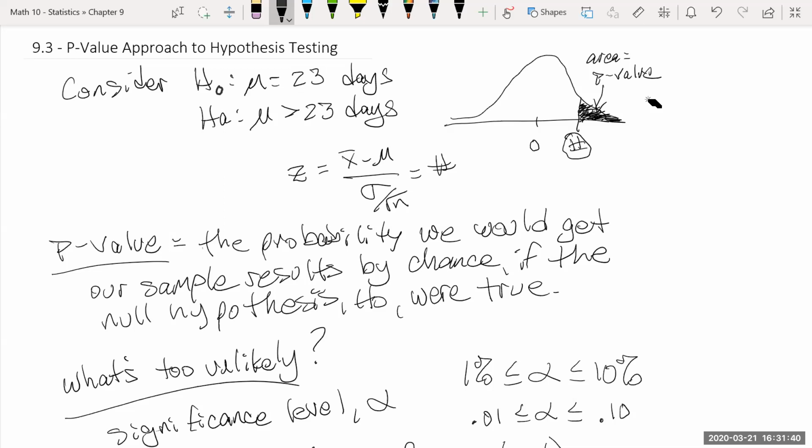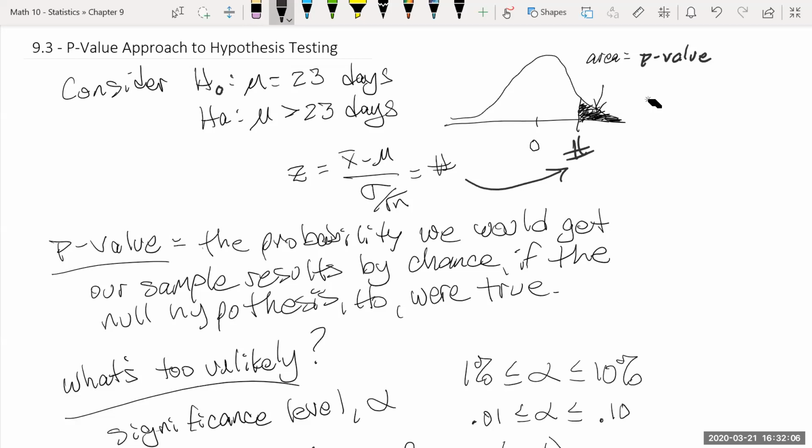The area past that number is technically what we refer to as the p-value. I'm going to write it here and then erase this one I had earlier. So that area past this number, that number is this number. The area past that is technically the p-value.